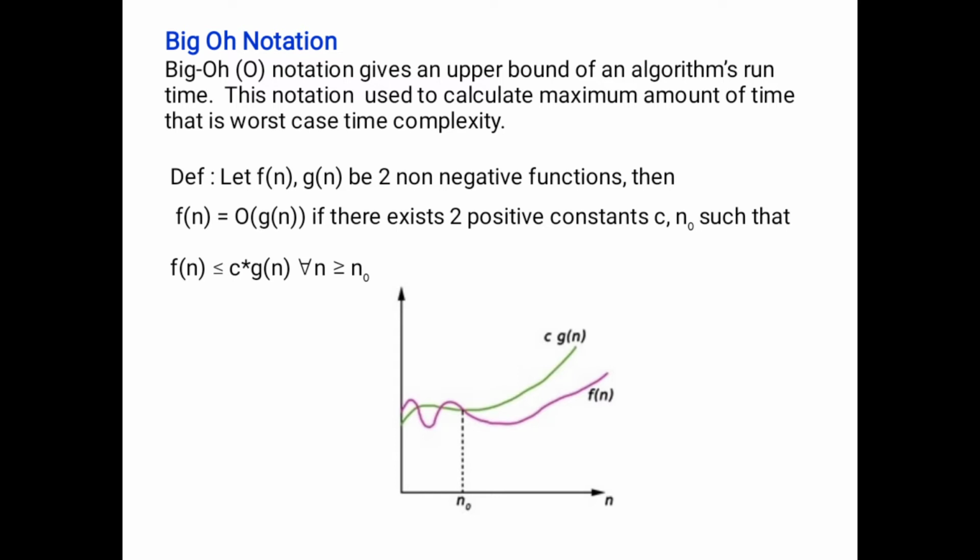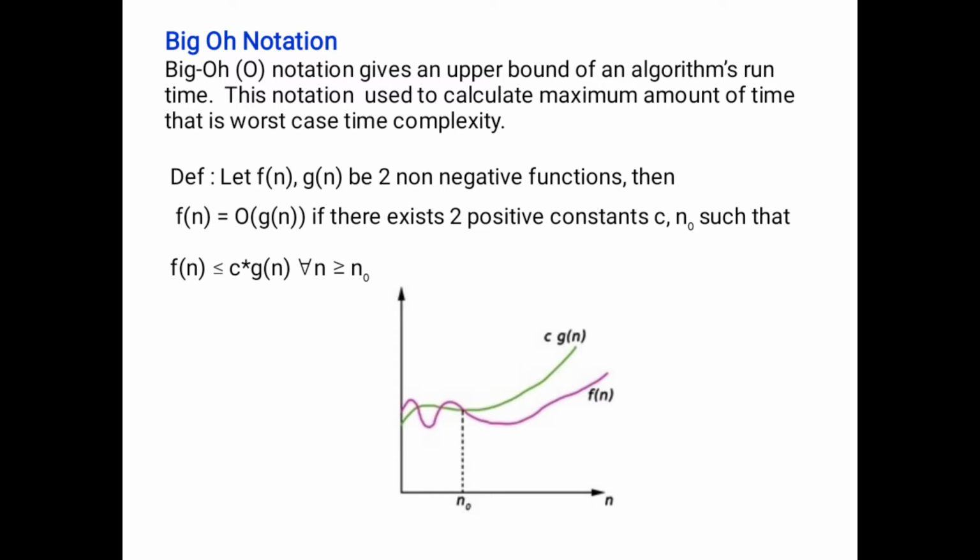The function f of n equals big O of g of n if there exist two positive constants c and n naught that meet the criteria.